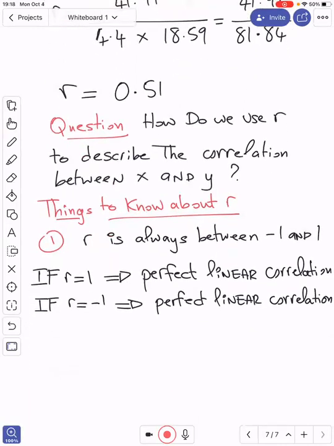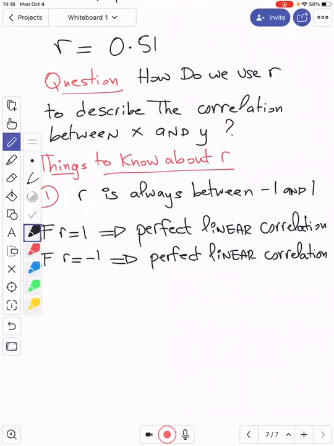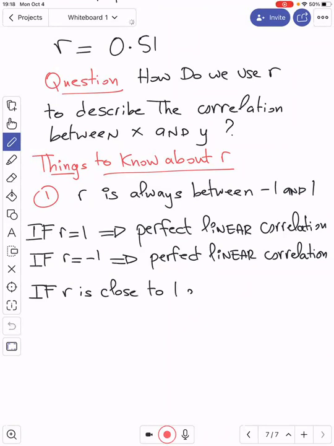Now, let's say R is close to 1 or -1. Then the relationship between X and Y is close to linear.